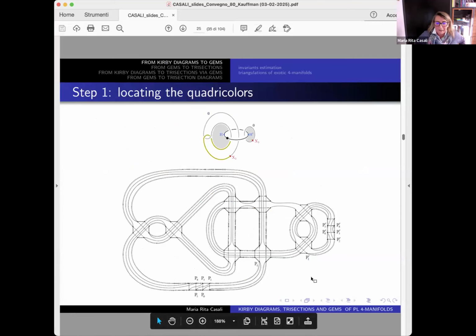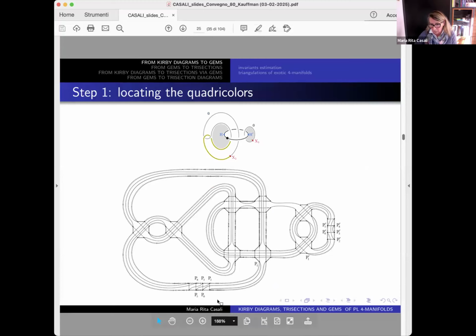Well, to construct the 5-color gem, we have to add the 4-colored edges to the 4-color graph obtained in step 0. Let us see the main steps of the construction.